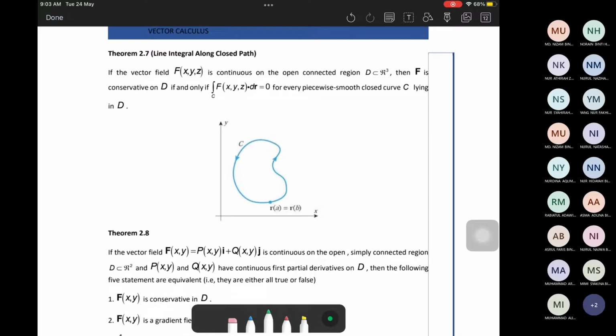Okay, dia adalah closed curve, then the value of line integral adalah sama dengan 0. So if we can prove that F is conservative, then the line integral is equal to 0 if the curve is jenis closed curve. Okay, iaitu P dekat sini, Q pun dekat situ. Itu dia panggil closed curve lah. Jadi dia punya line integral sama dengan 0.